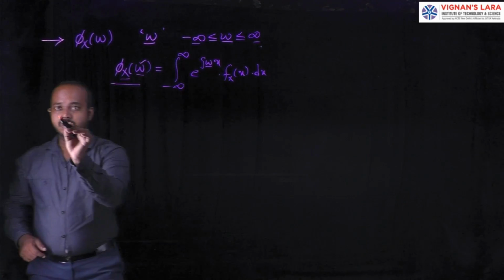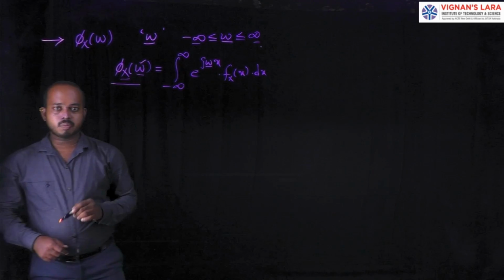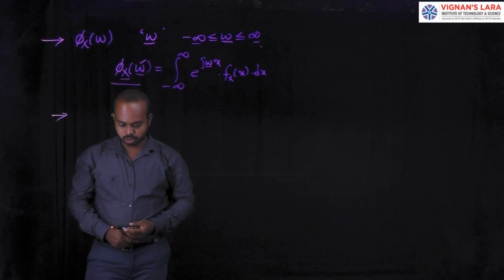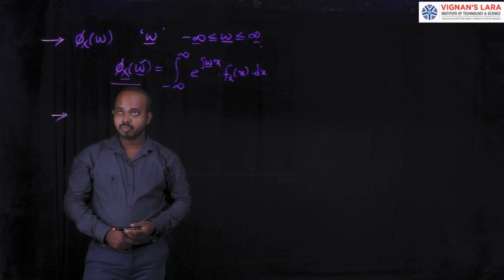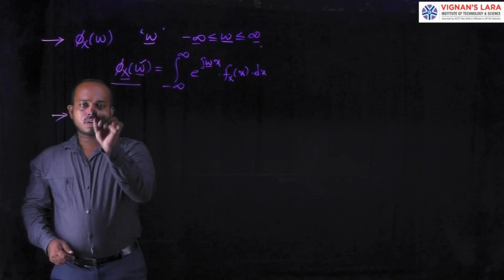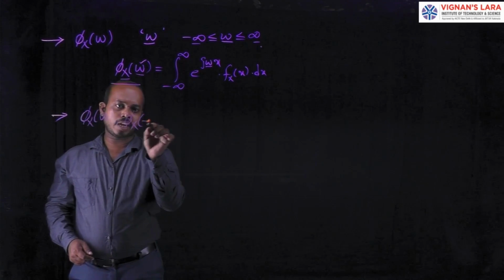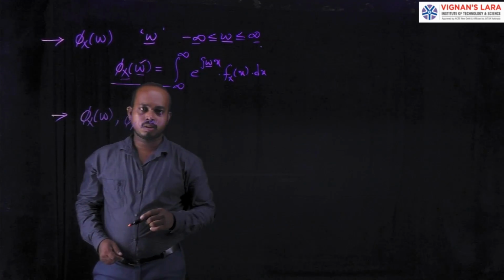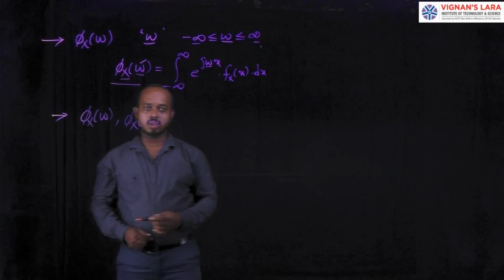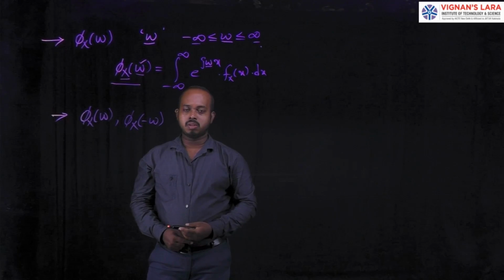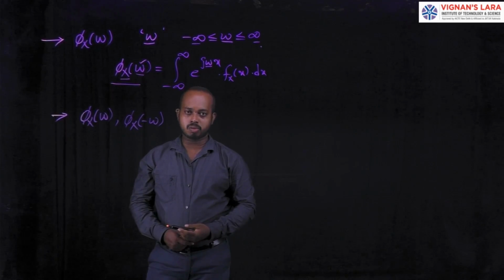Coming to the next one, the next property of the characteristic function is: phi x of omega and phi x of minus omega are both conjugates. How can we say these two are conjugates?